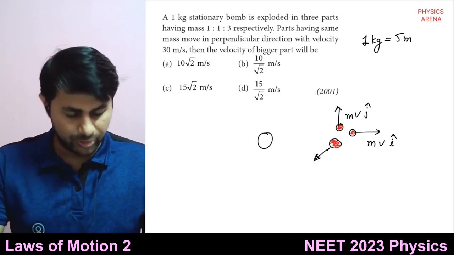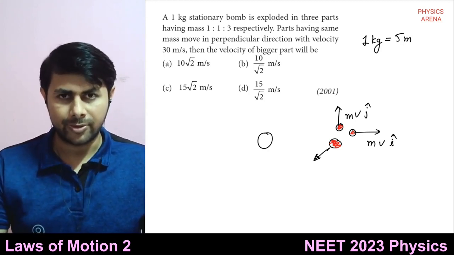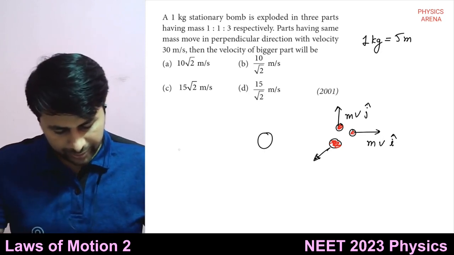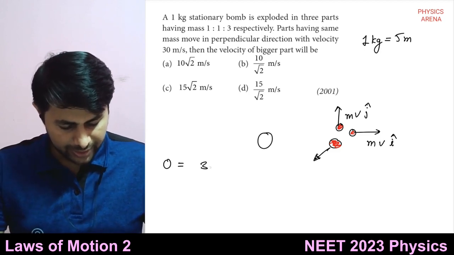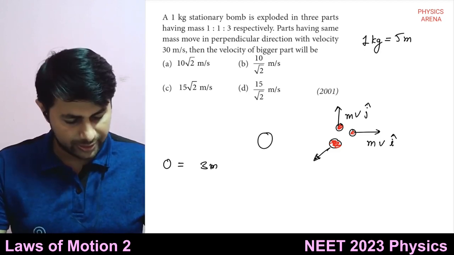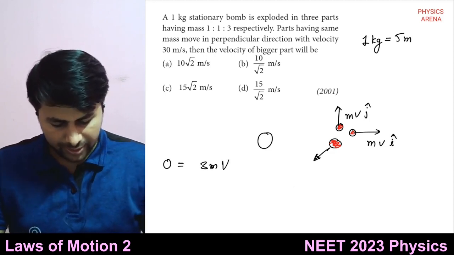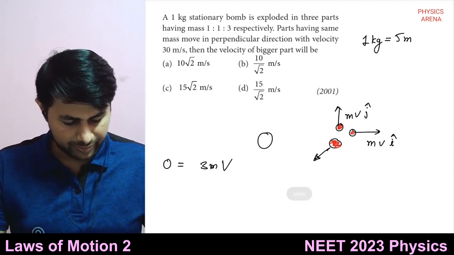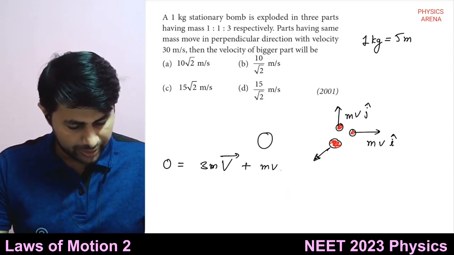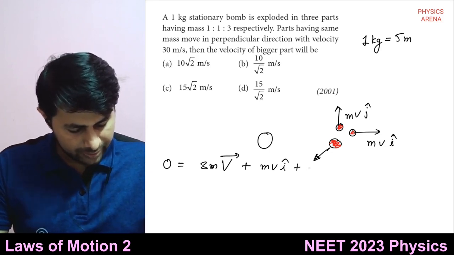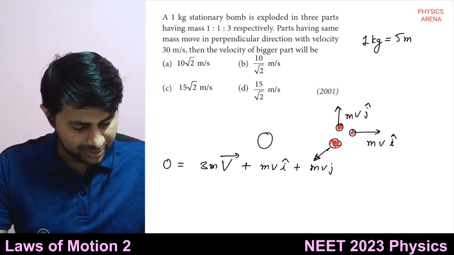So what is the total momentum? Total momentum before explosion is 0. Total momentum after explosion will be 0. So net momentum is 0, and it is equal to what? I can say 3m multiplied by whatever its velocity. Let's write it as capital V bar, equal to mv times I cap plus mv times j cap.